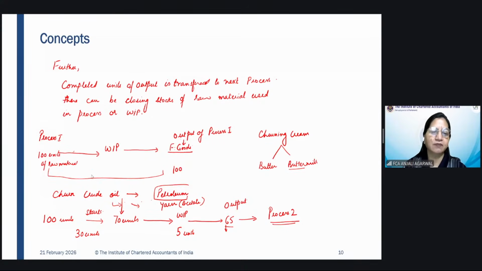However, it can be mentioned in the question that there are 2 units, 10 units, a certain number of units of finished goods which have been kept at the process itself. So if the question is silent, we'll assume entire output is transferred to the next process. However, there can be stocks of raw material or WIP.